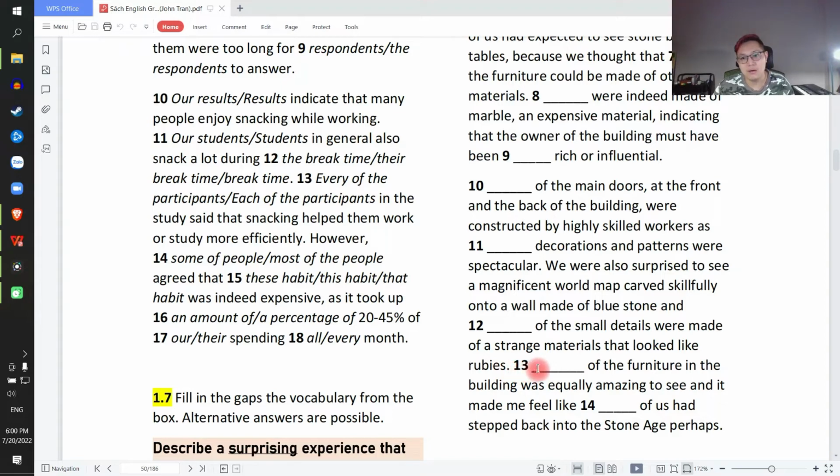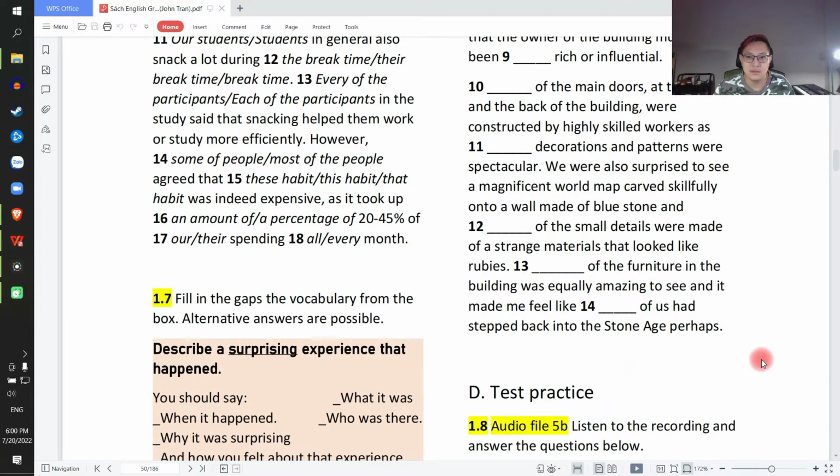Most or all of the furniture in the building was equally amazing to see, and it made me feel like all of us had stepped back into the Stone Age, perhaps. Stone Age, perhaps.